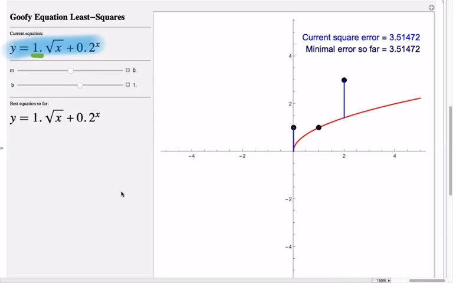So y equals something times radical x plus something times 2 to the x. And it looks like in this example I'm calling the first something m and the second something b, but it's not really important what we call them. Whatever we call them, those unknown parameters are what we're trying to find, right? We're trying to find values of those unknown parameters that will make our graph fit our data points as best as possible, for whatever that means.